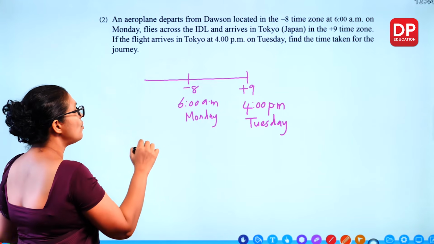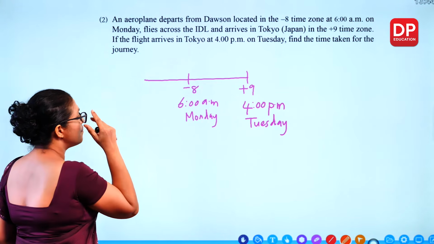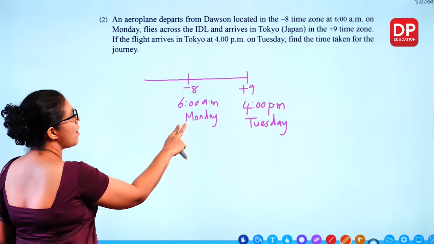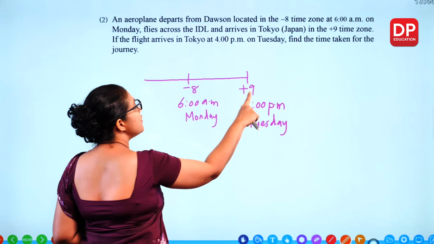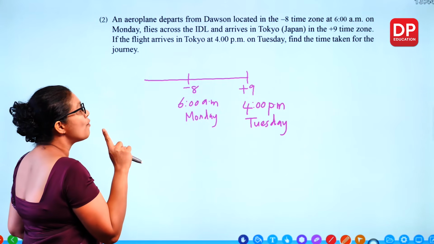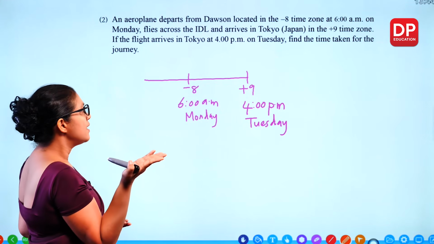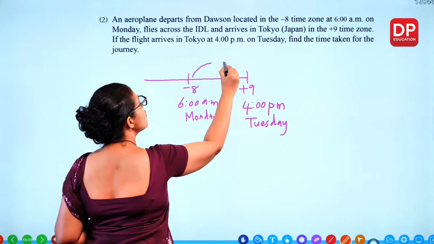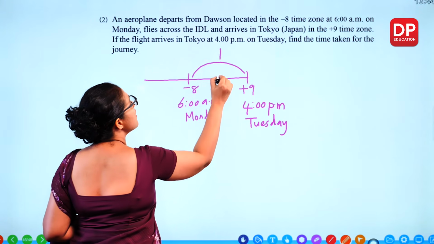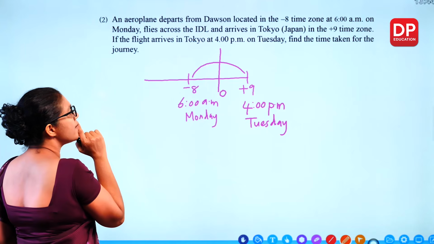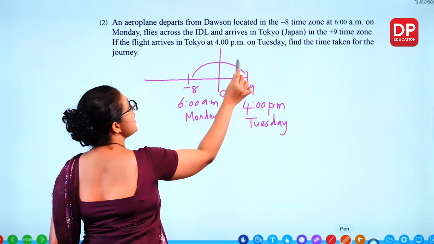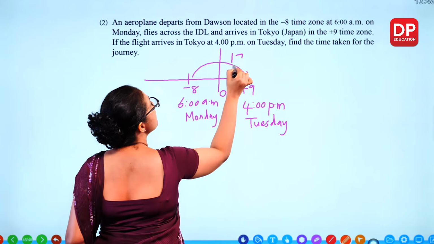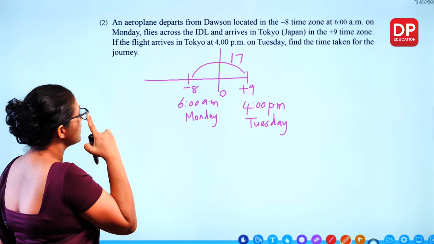Okay, so now this is the departing time, and this is Monday. Now flight time, we'll say H or something. Now we'll do this way. What's the actual difference here? 0 is somewhere there, Greenwich time. So when you take the difference, that's 8 and 9 here, 17 hours different.